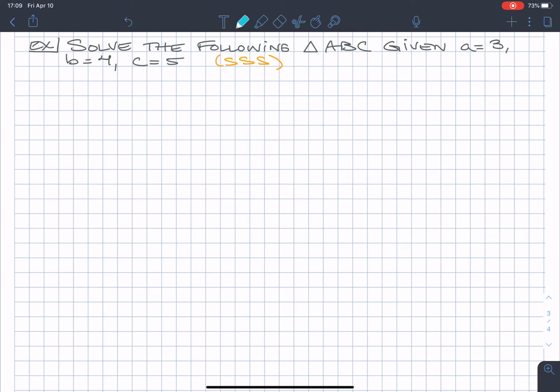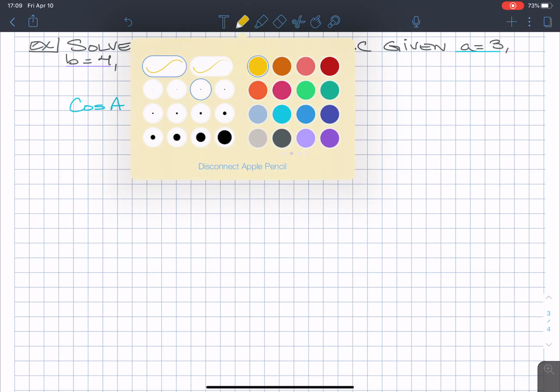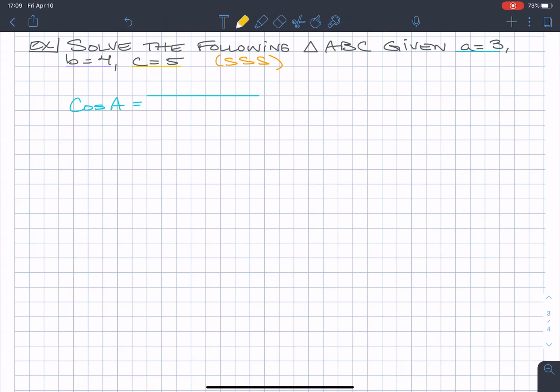Let's call angle A. Let's use blue for angle A. So I know cosine of angle A will be equal to, and let's use purple for B and yellow for C. So I know it's going to be B squared plus C squared, and then minus A squared all over 2 times BC.